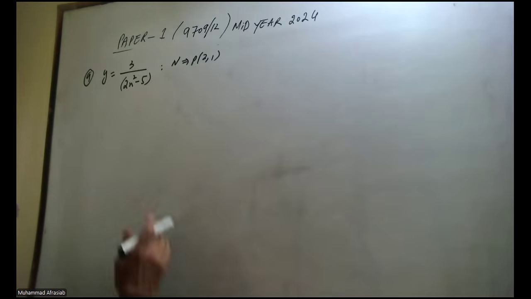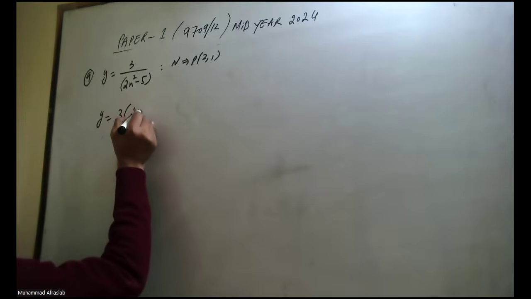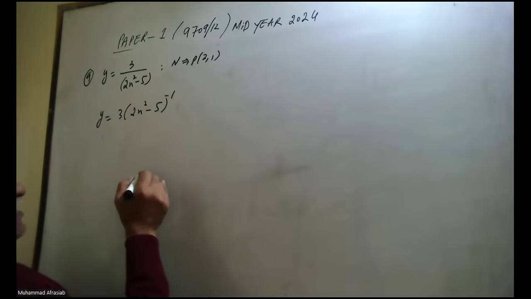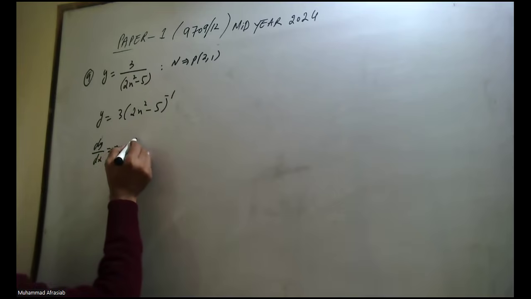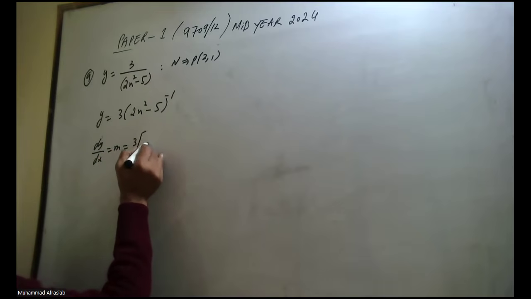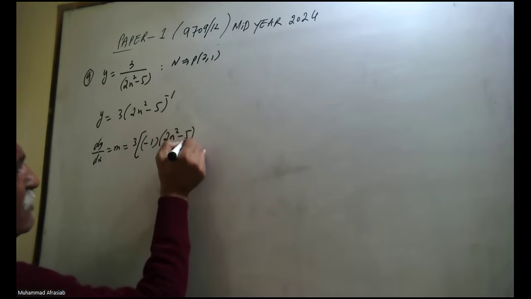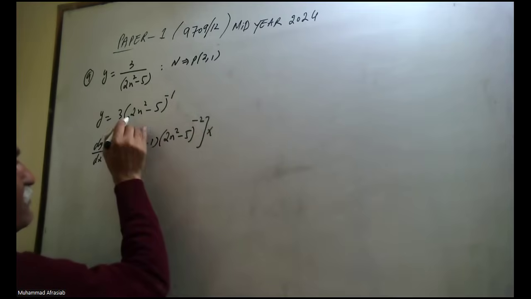Since this can be written as y equal to 3 into (2x square minus 5) power minus 1, dy by dx, that is m, is equal to 3 into minus 1 (2x square minus 5) power minus 2 into the derivative of this function itself.